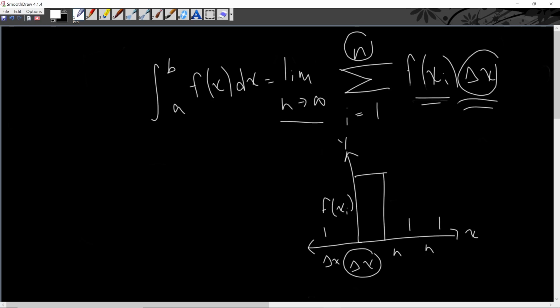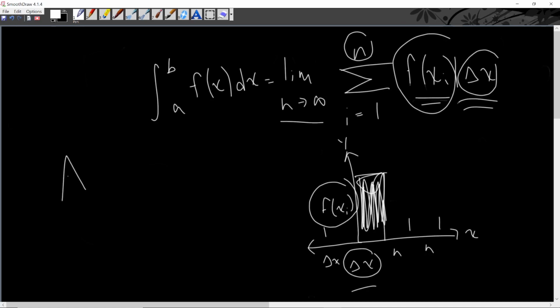And then from here, f of x_i is going to be the height of some rectangle, and change in x is going to be the base of this rectangle. If we multiply the two, I'm hoping that everybody watching this video knows that the area of a rectangle is base times height.